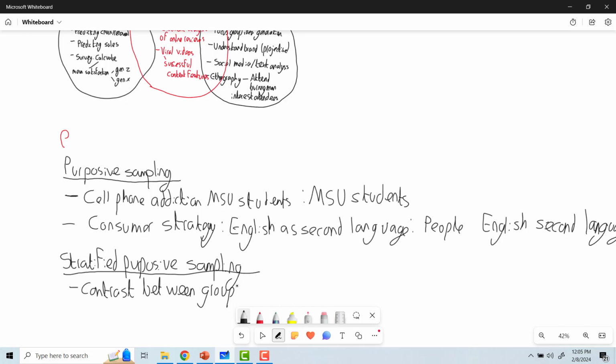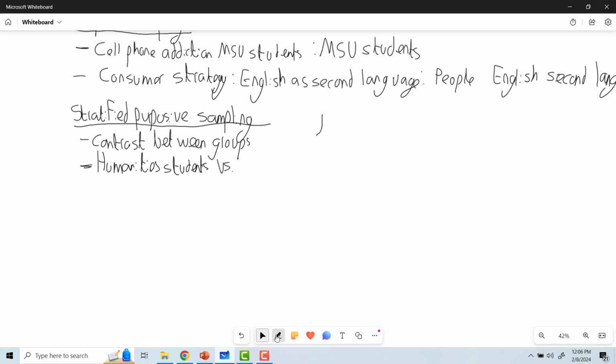So, for example, in our example, we may want to look at the difference between how people use cell phones, humanities students versus engineering students.